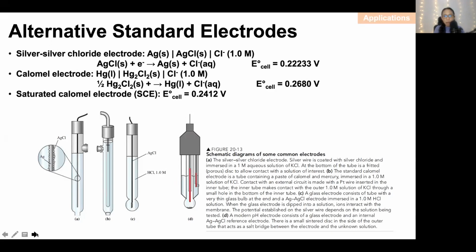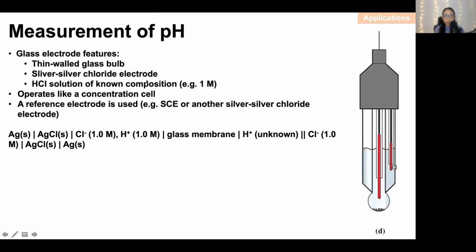Okay. Now, these electrodes, specifically your saturated calomel electrode or your silver-silver chloride electrode, are typically used in your pH meters. So they are used in the measurement of pH. Now, for the measurement of pH, there is the so-called glass electrode. Its features include a thin-walled glass bulb on one end.